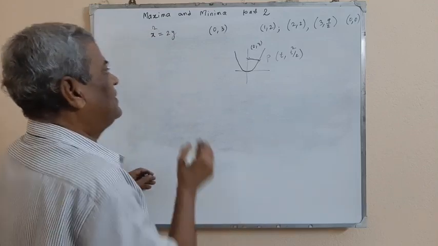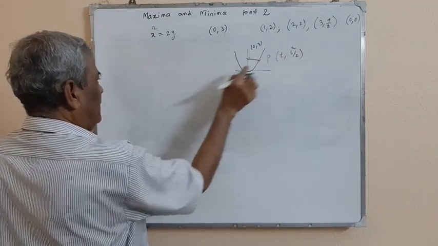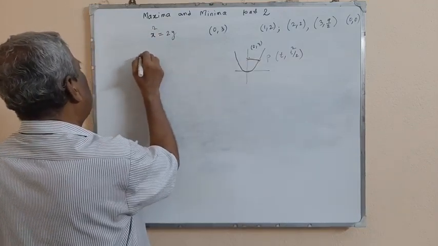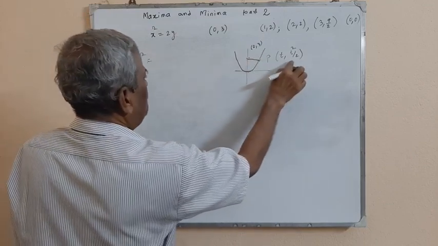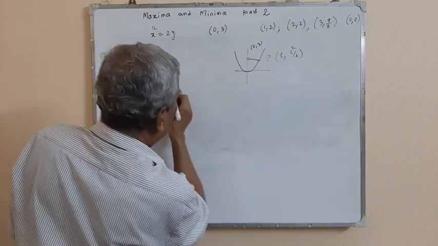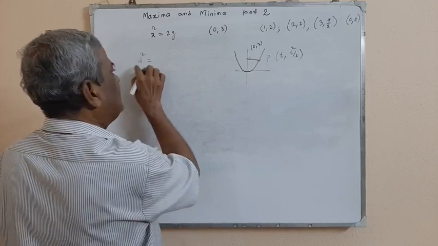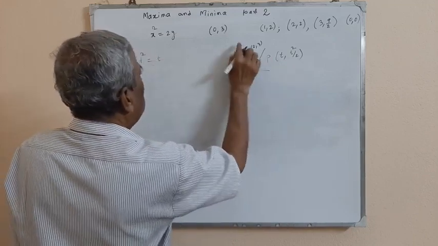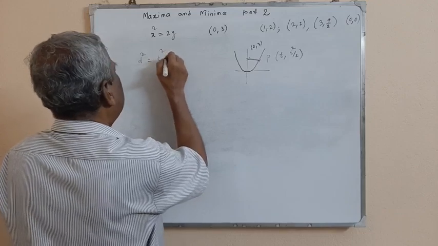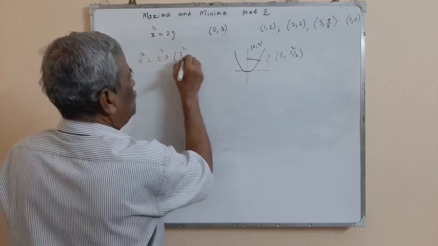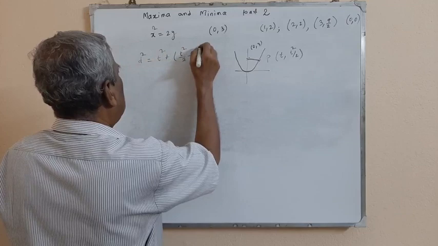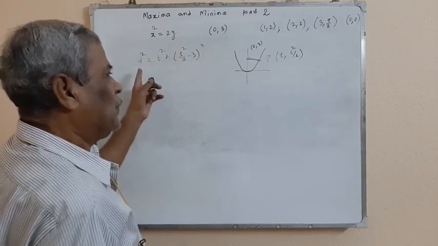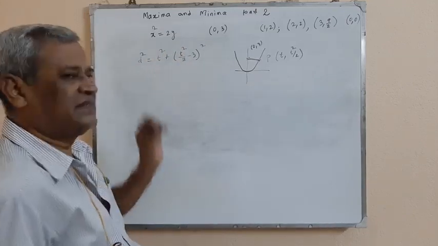Suppose d square is the square of the distance from 0, 3 to that point. It is equal to t minus 0 whole square plus t square by 2 minus 3 whole square.